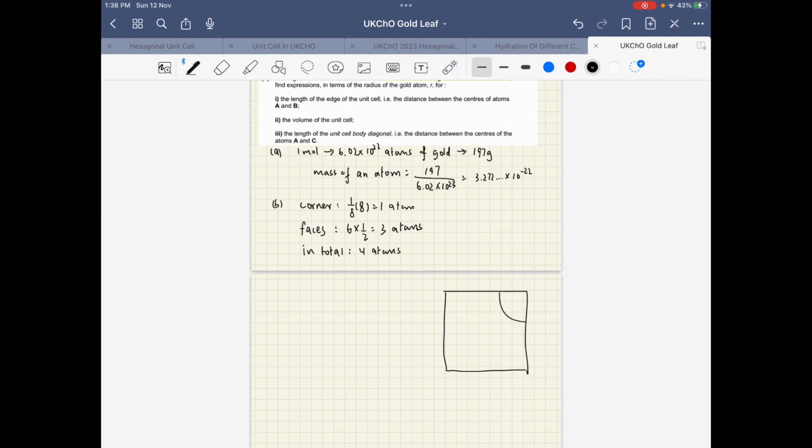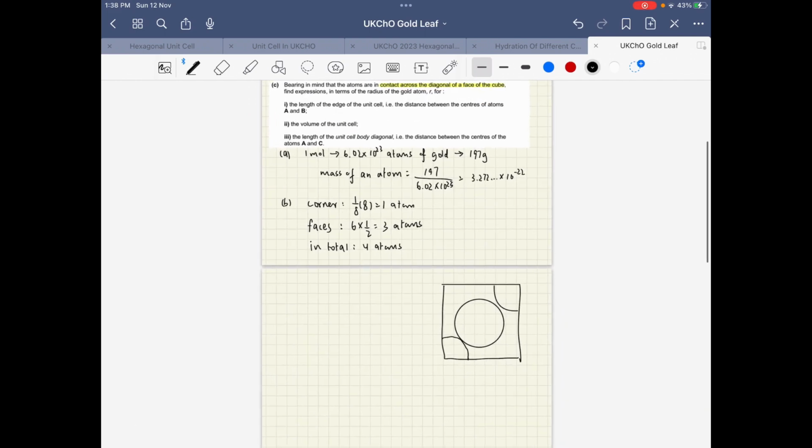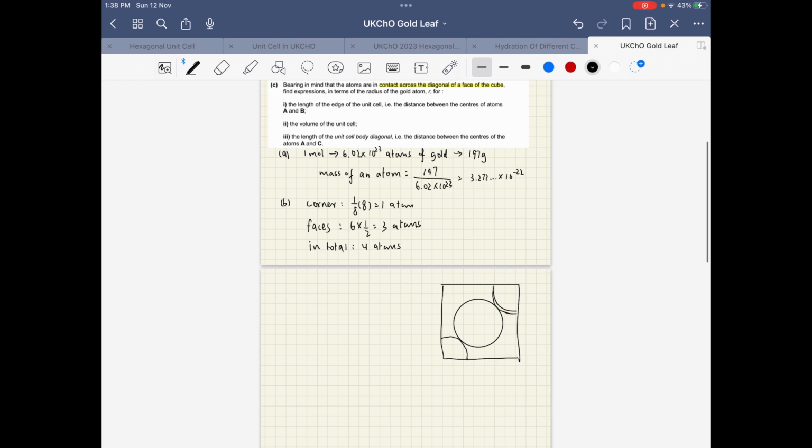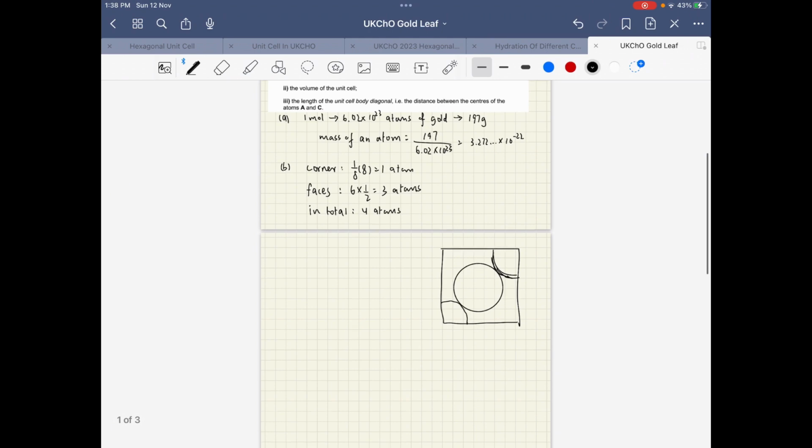I have one atom at the corner, one at the middle, which is at the face, and one at the other corner. And these should be in contact, so ignore my false diagram here.